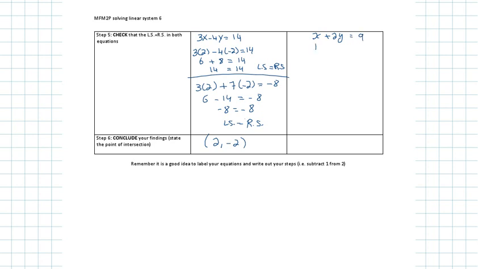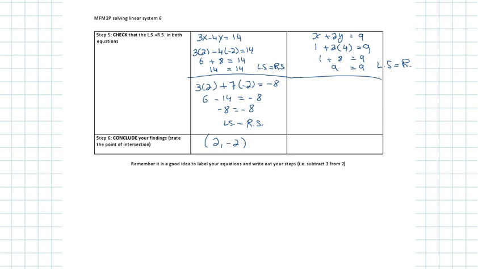Instead of y, I'm going to put 4. 1 plus 8 equals 9. 9 equals 9, so my left side equals my right side. Right? That's what I'm looking for.